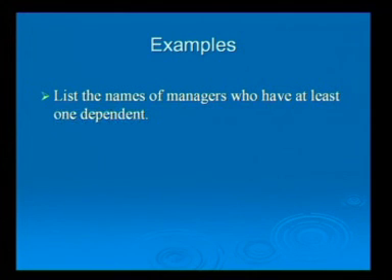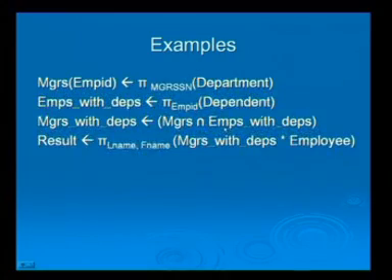So, in the next example, we are going to list the names of managers who have at least one dependent, not the employees, they should be managers. Now, to get the managers, first we have to go through the relation called department, because the department relation is the one that has got manager ID.